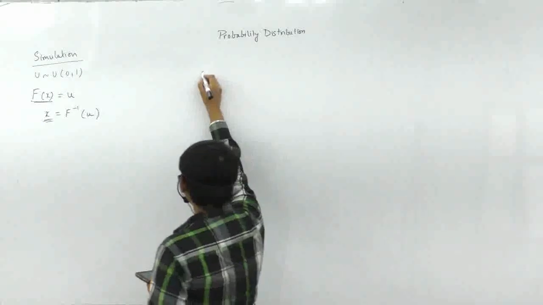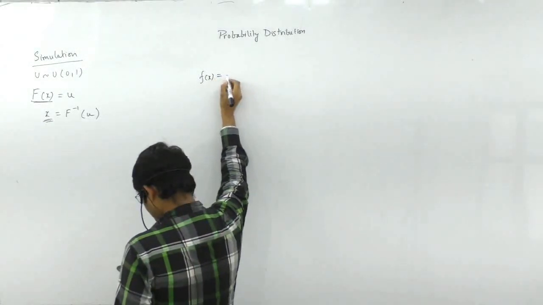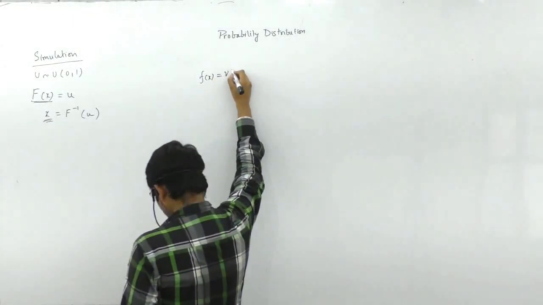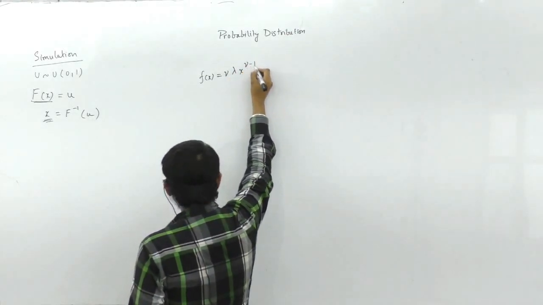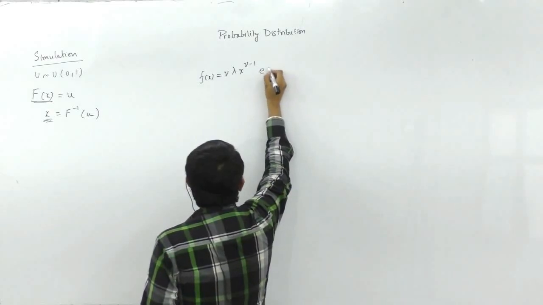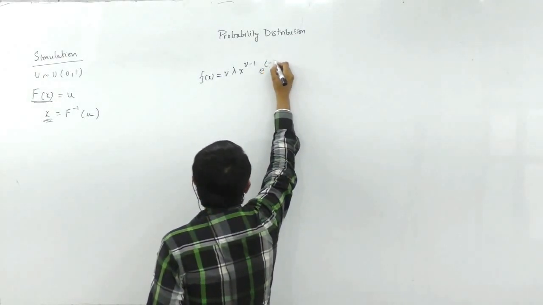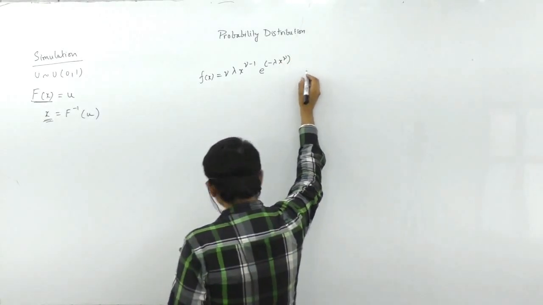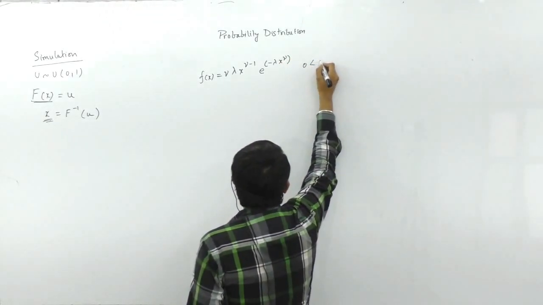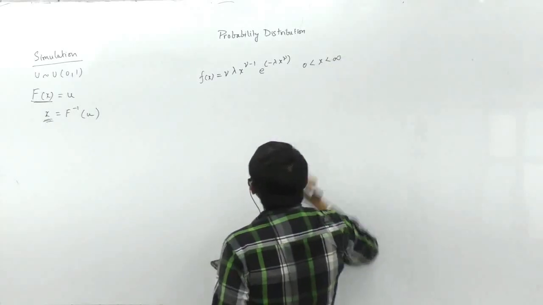So first of all, our fx is nu lambda x raised to nu minus 1 e raised to minus lambda x raised to nu, where the values of x are between 0 and infinity.